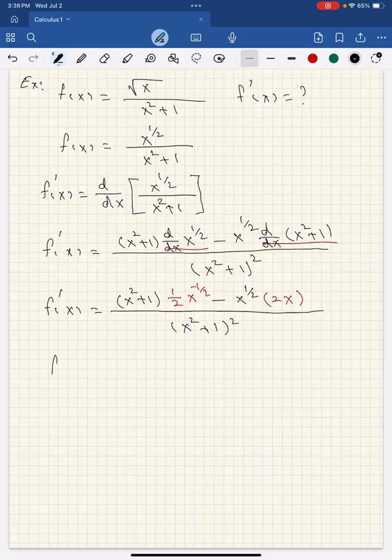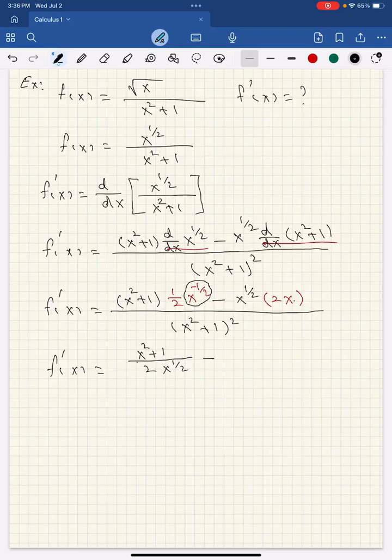Let's distribute. f prime of x equals. One of the easy ways here, because you have a negative exponent, you can send it to the denominator. You can write it this way: x squared plus 1 over 2 times x to the power of positive 1/2.